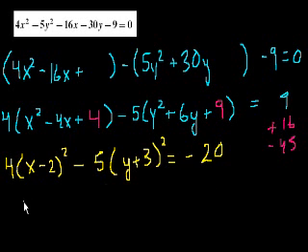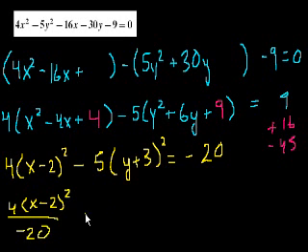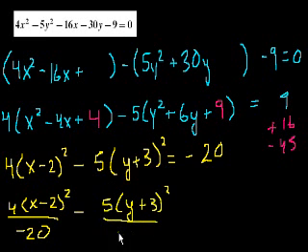And so you get x minus 2 squared. And what's 4 divided by minus 20? It's minus 1/5. Well, let me just do that. So 4 over minus 20 minus 5 times y plus 3 squared over minus 20 is equal to 1.